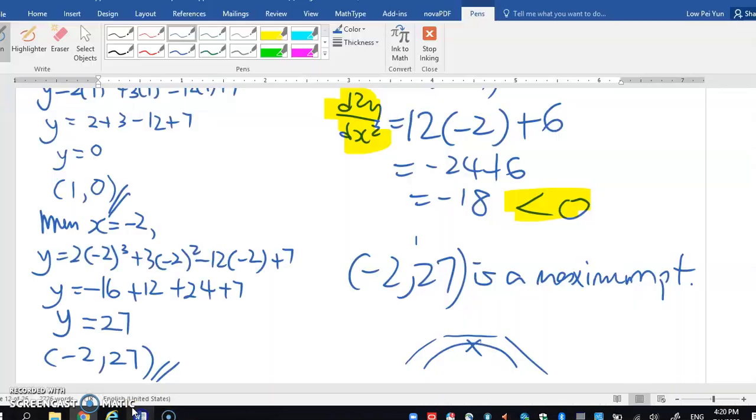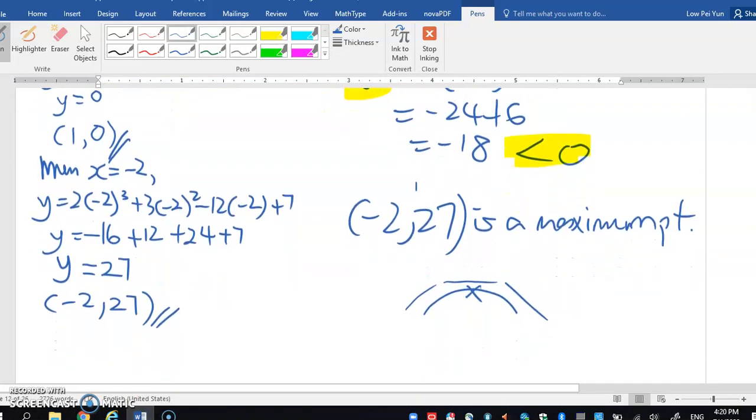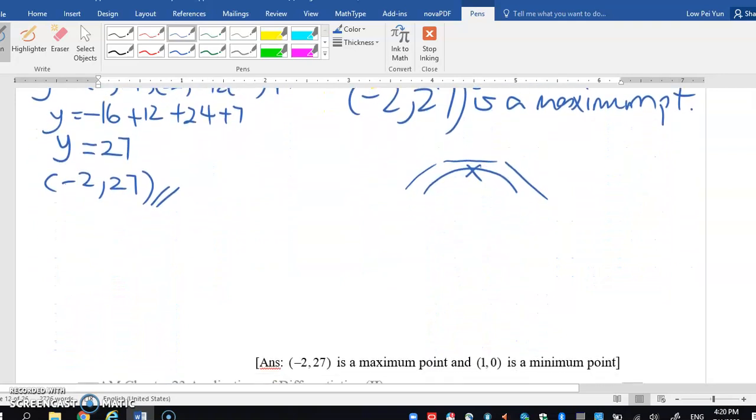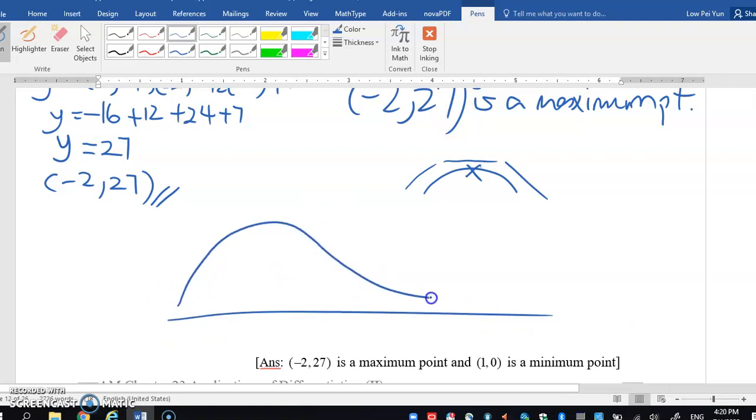And there you go. You have the correct answer. If I were to sketch the whole graph out, you can also do so together with me. You have maximum at negative 2 and minimum when x equals 1. This is just a very rough sketch, okay? This is my x-axis, this is negative 2, and this is my 1.